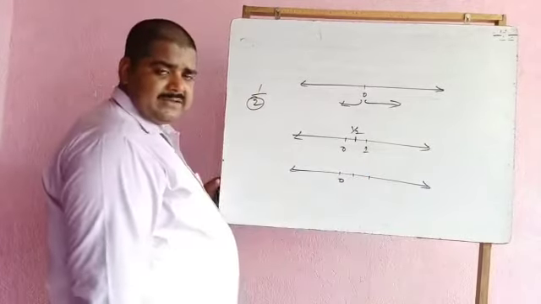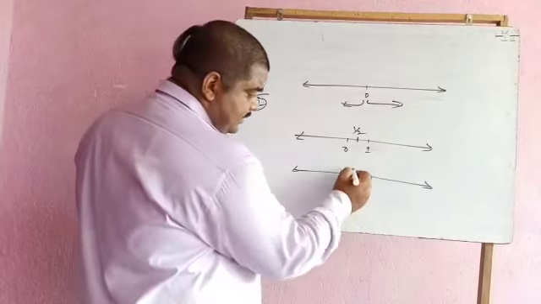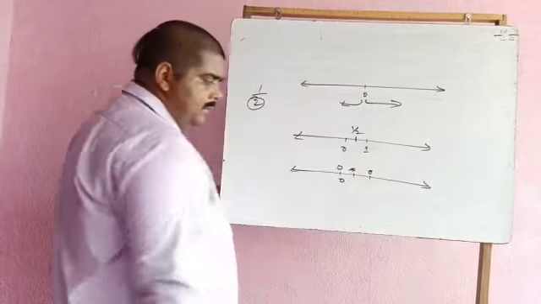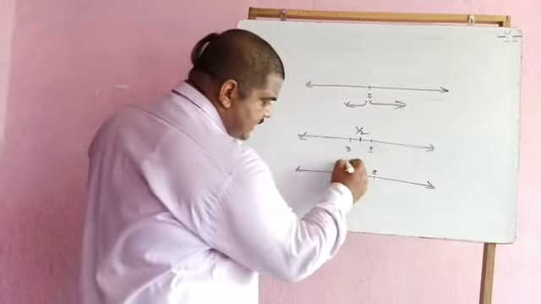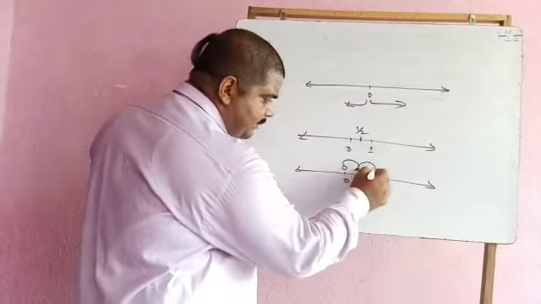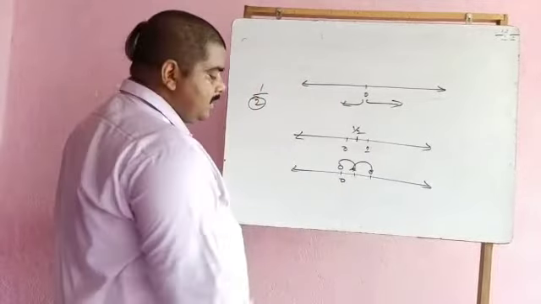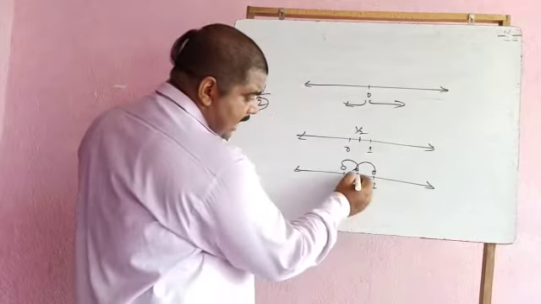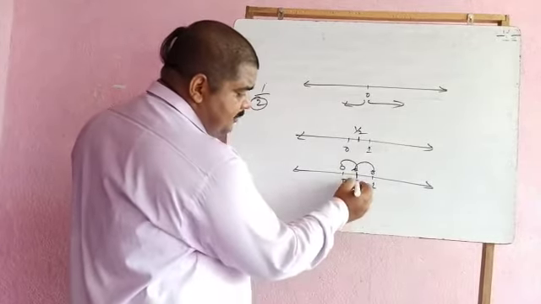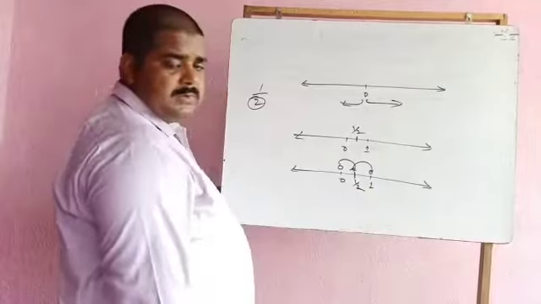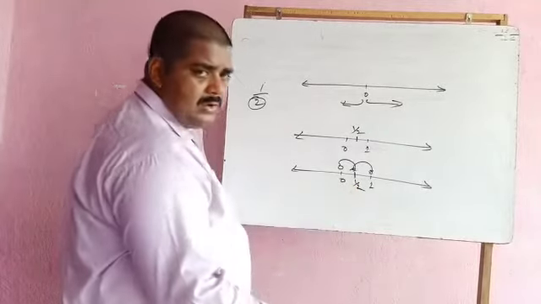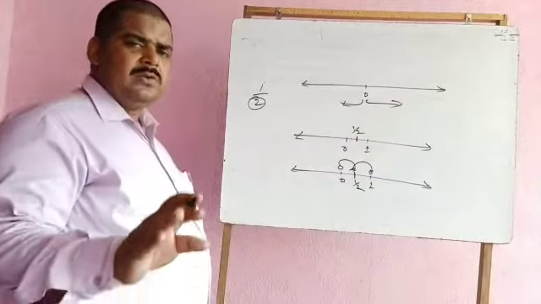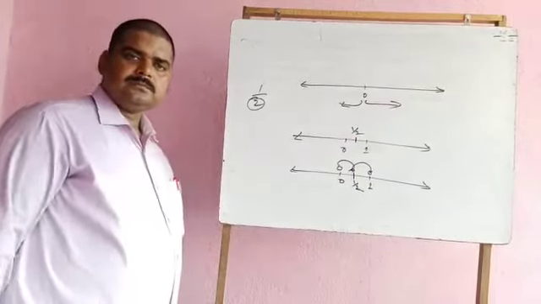I have just taken, suppose, A and B, and this is O. My dear students, the distance between OA and AB must be the same. Now you mark B as 1, and now A is actually 1 upon 2. This 1 upon 2 can be written below the line or above the line. It depends upon your wish.